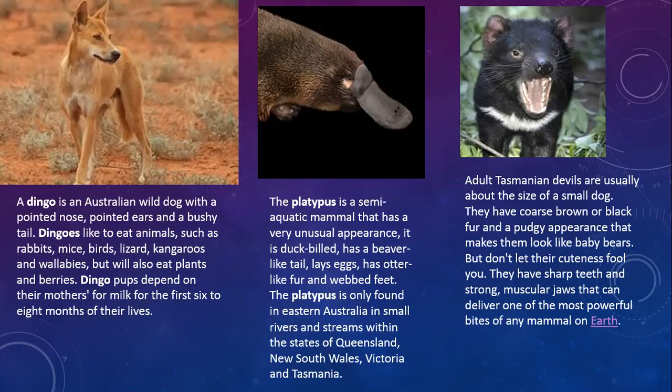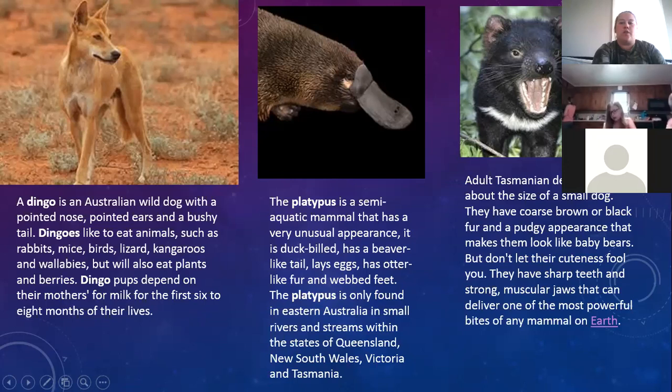They have coarse brown or black fur and a pudgy appearance that makes them look almost like baby bears. But don't let their cuteness fool you, because they have sharp teeth and strong, muscular jaws that can deliver one of the most powerful bites of any mammal on Earth. If you guys have ever seen or heard of the cartoon that has the Tasmanian devil, this is what they actually look like.